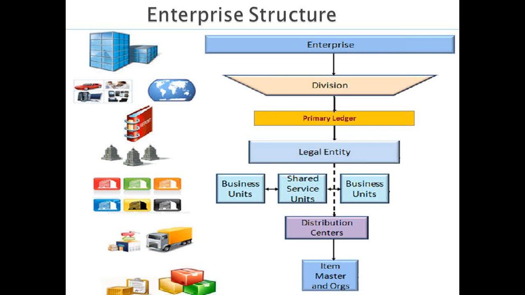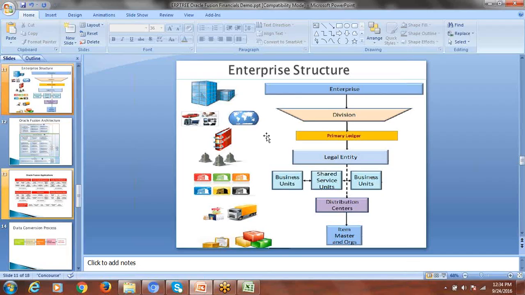Data groups are nothing but specific country employee-related data. Divisions are optional; in EBS also, if required, we can opt for it. The primary ledger and legal entities are there in both, OUs there and BUs here, no change. There we don't have any distribution center concept, here we have, but finally it's optional. And inventory organization we have in EBS, and in Fusion also we have inventory organization. These are the points to understand when you talk about the enterprise structure in Fusion applications.